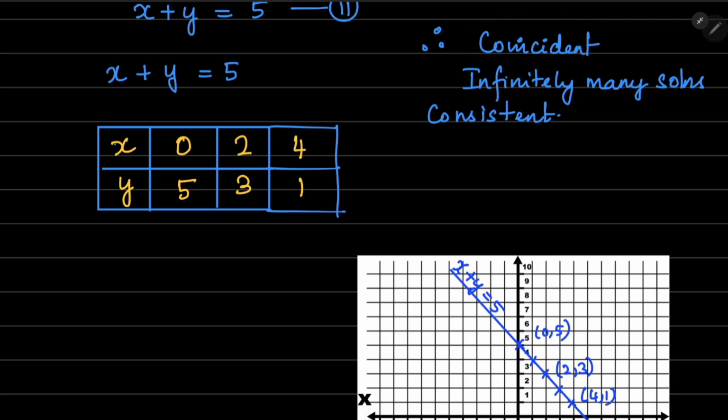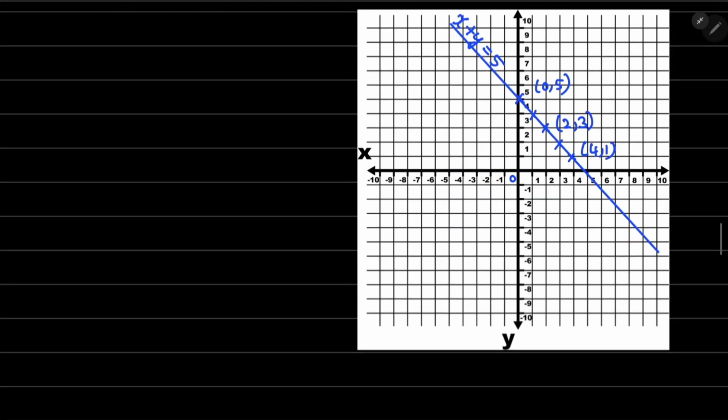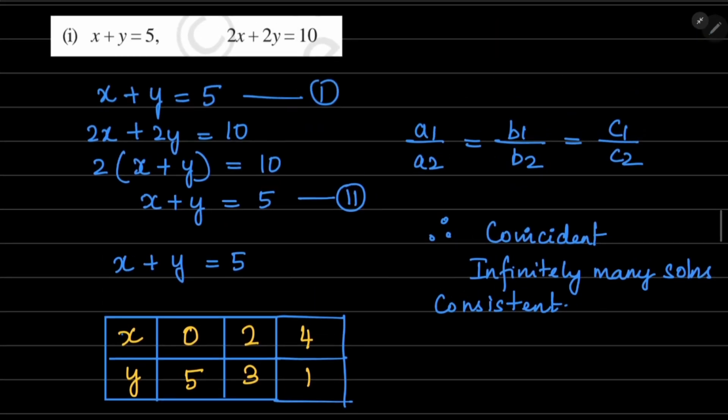More than one solution is there. So wherever all the points through which this line passes, all of them are solutions. So that's why we say infinitely many solutions. Okay, so that's all about it.